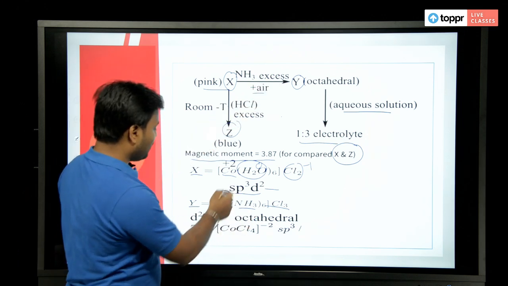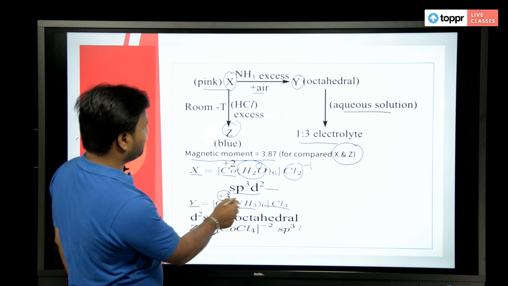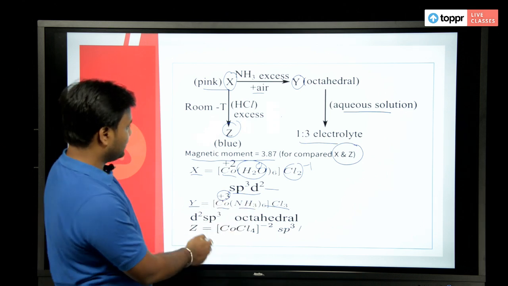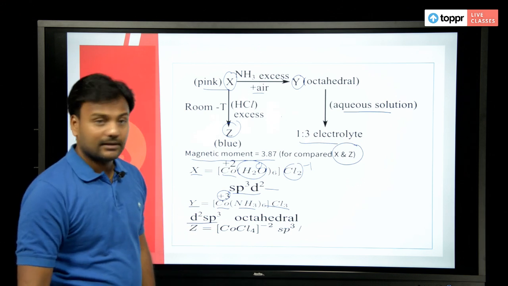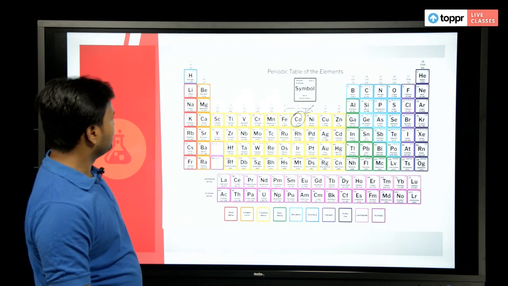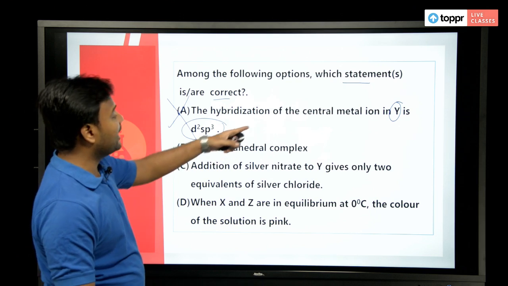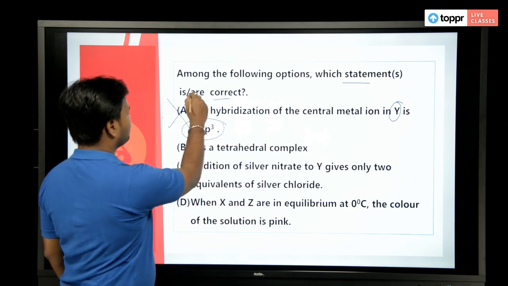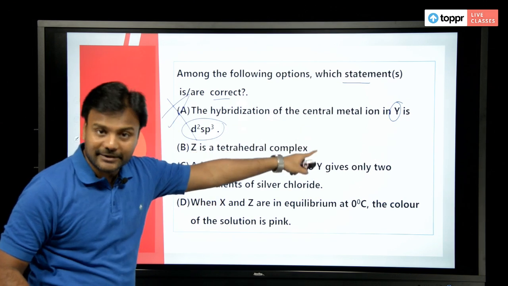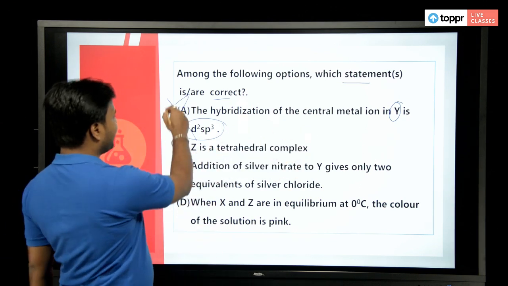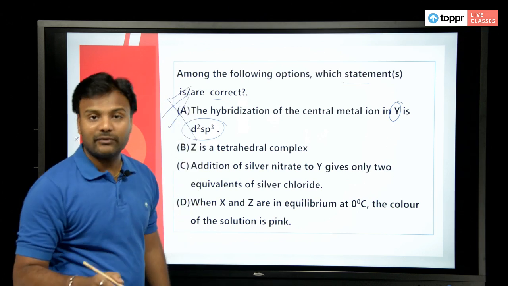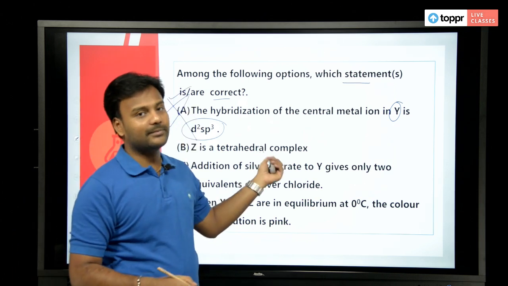So the oxidation state is going to be +3 here, and Y is d2sp3. The hybridization of the central metal atom in Y, this should be the correct answer. For X it is sp3d2, for Y it is d2sp3. So option A can be considered if it is for Y. If it is for X, this option has to be rejected.